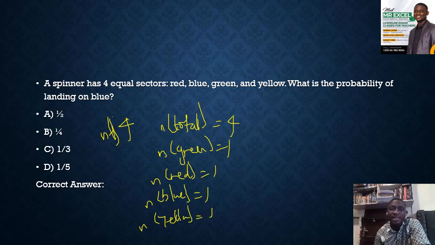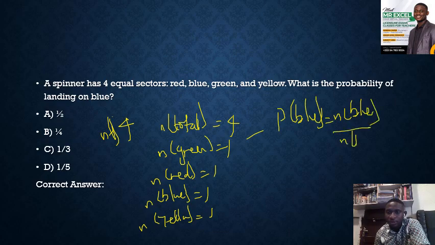Probability of landing on a blue. So probability of landing on a blue, P of blue equals n of blue over n of the total, and that is 1 out of 4. So you have 1 out of 4.